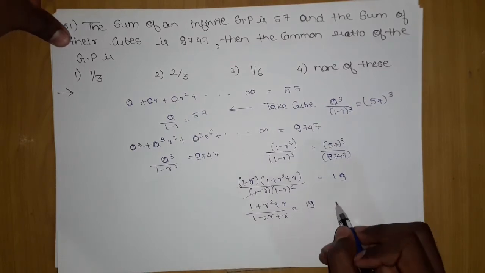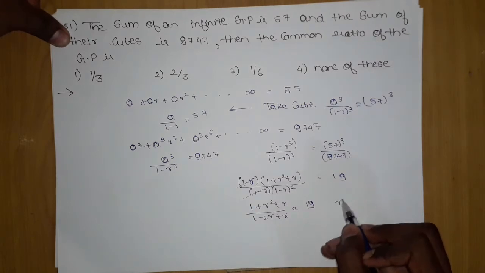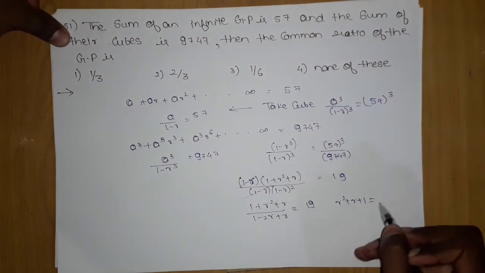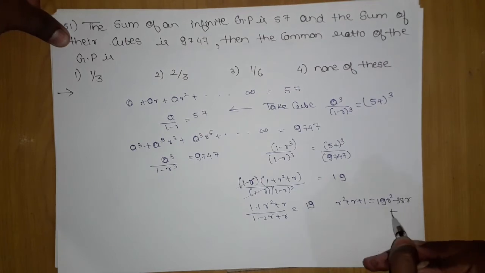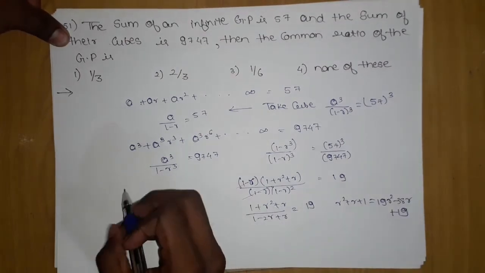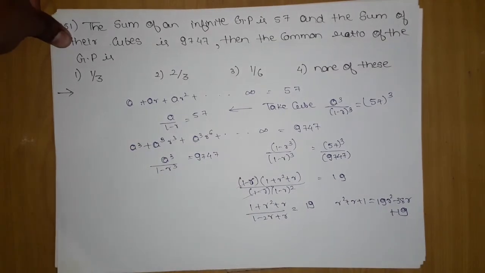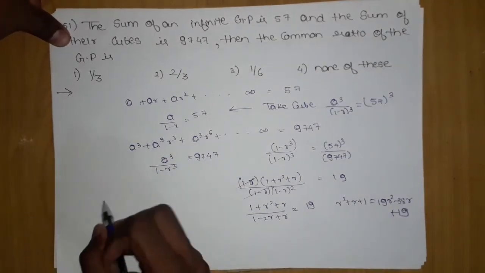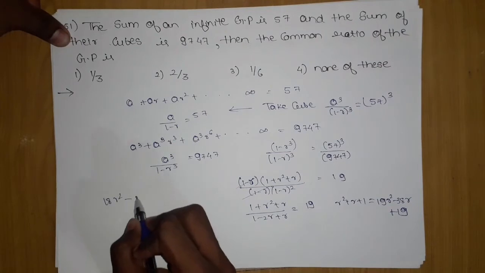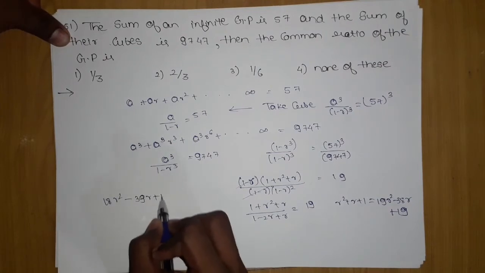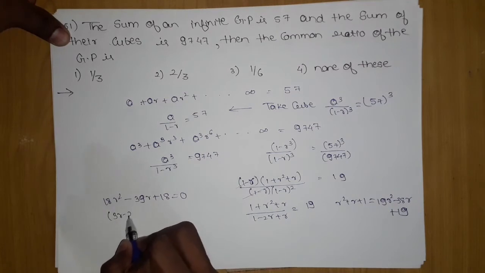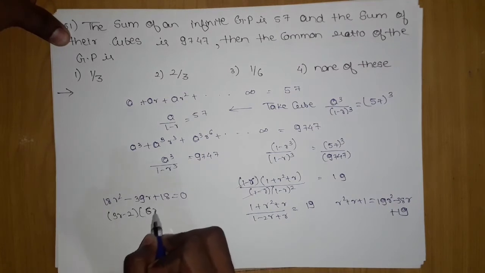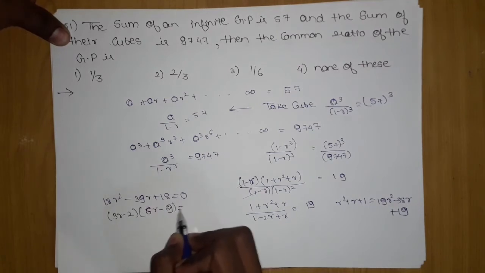Okay, then we will multiply this, which will give me r square plus r plus 1 should be equal to 19 r square minus 38 r plus 19, which will give me 18 r square minus 39 r plus 18 should be equal to 0, giving me, if I break them, 3 minus 2 into 6 r minus 9 is equal to 0.